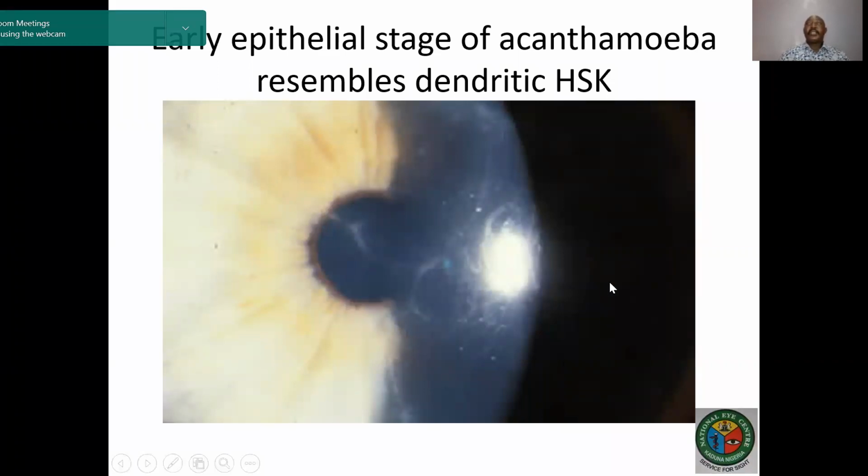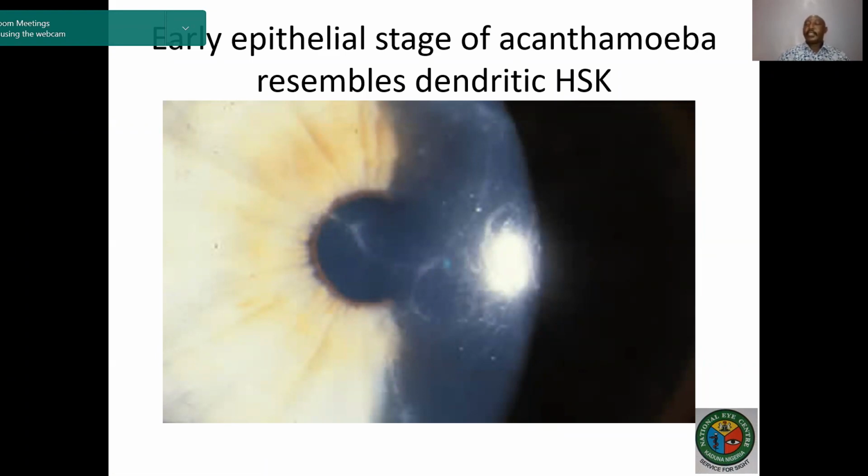Presentations can be very varied, can be very deceptive also. This is a case of an early stage of epithelial Acanthamoeba, and this resembles epithelial dendritic herpes simplex keratitis. So with these lesions, your guess will be as good as mine.